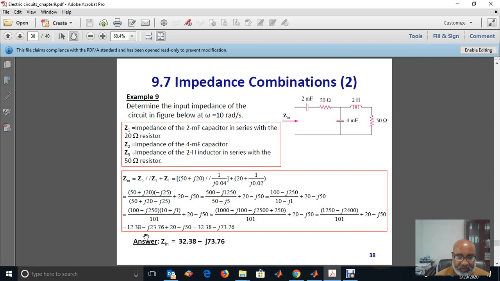After that, we finally find the impedance: 32.38 minus j73.76. So the real part is 32.38 and the imaginary part is minus 73.76.